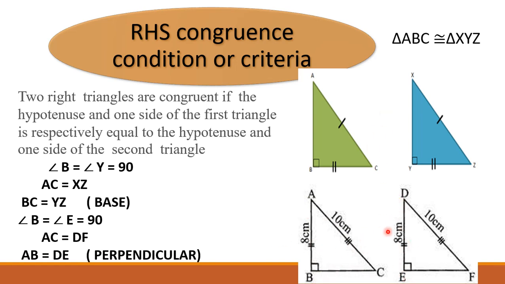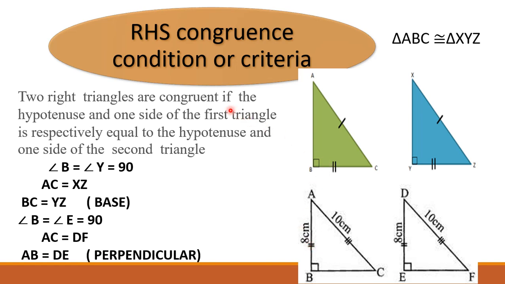Now in these two figures, triangle ABC is congruent to triangle XYZ, and in the other, triangle ABC is congruent to triangle DEF. In the first we have the side BC, that is the base, and here we have the side AB, that is the perpendicular.